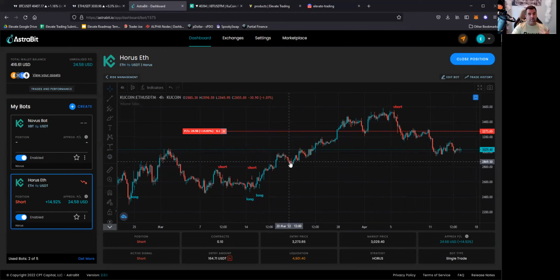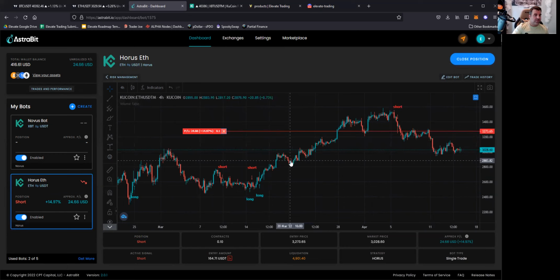So you have 2 options there. You can manually put your bot in a long, which will be this button up here, but it says close position right now because it's already in a position for me. So this is the manual option here, whether you can open or close manually to put your bot in line with the signals. Okay, so that is an option.